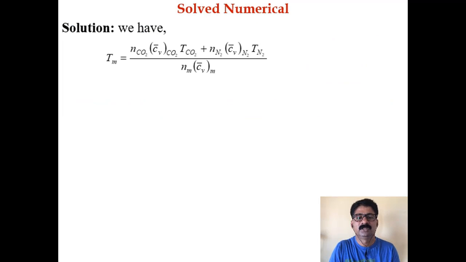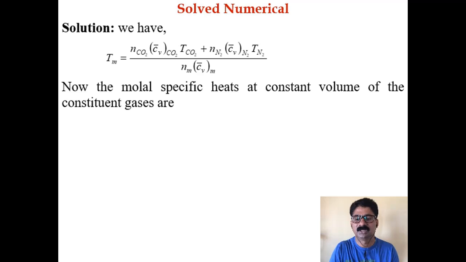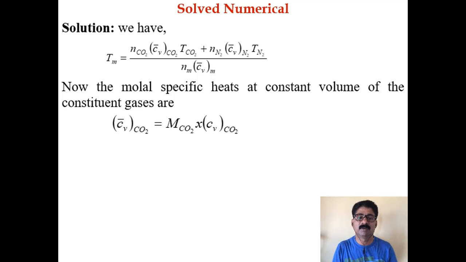So we have the formula for the temperature after mixing: NCO2 Cv bar CO2 TCO2 plus NN2 Cv bar N2 TN2, divided by Nm Cv bar of the mixture. Now the molar specific heat at constant volume, Cv bar, is actually not Cv. Cv bar is the molar specific heat, so that can be found out as molecular weight of CO2 into Cv of CO2.